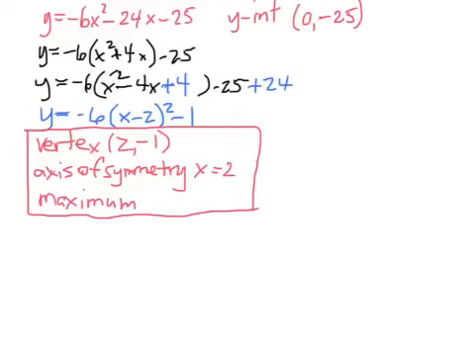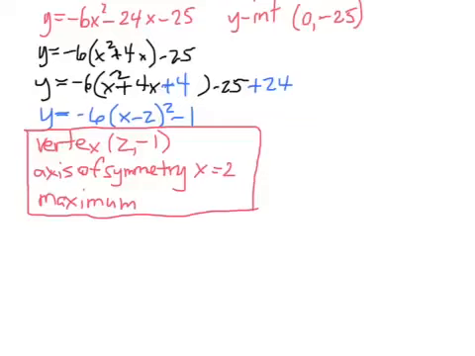B over 2 squared is 4. So I'm adding negative 24 here. So I have to add positive 24 right here to counteract.